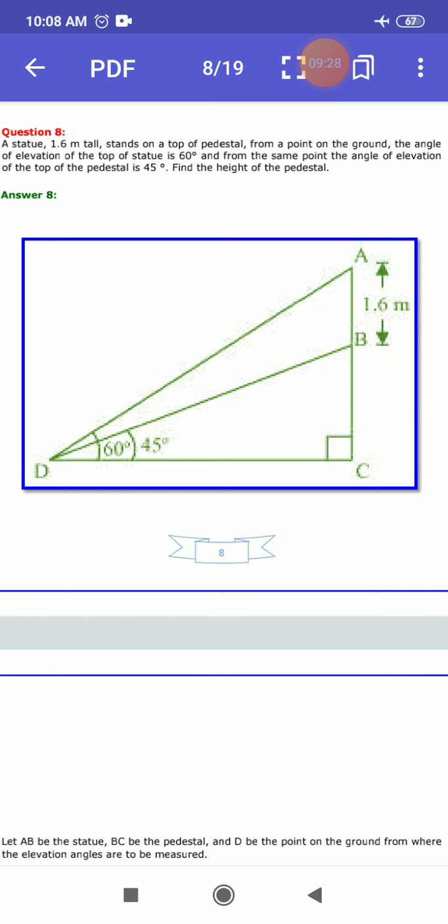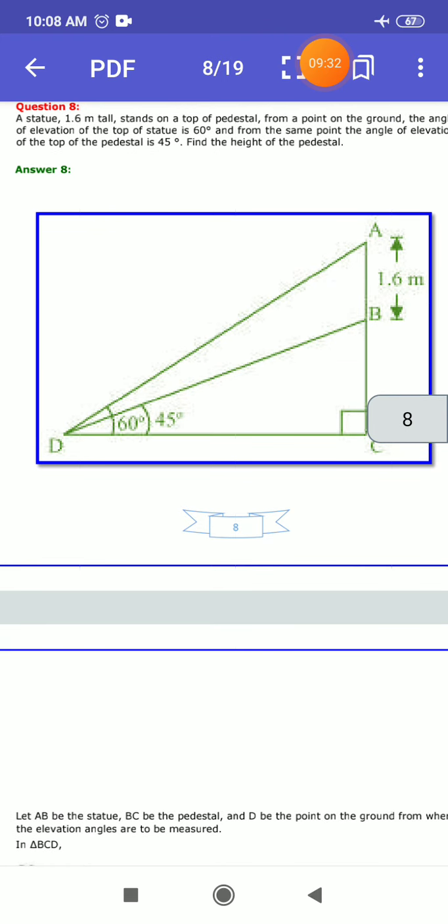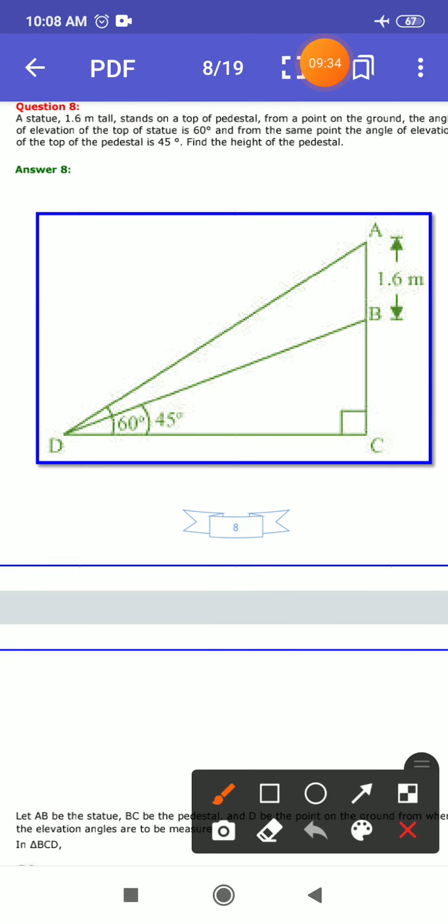Here it says there is a pedestal, this is a pedestal, and on that pedestal a statue stands. This is your statue. The statue is placed on the pedestal. So you have to suppose BC is the pedestal and AB is a statue that stands on the top of the pedestal. The statue height is given, AB is equal to 1.6.